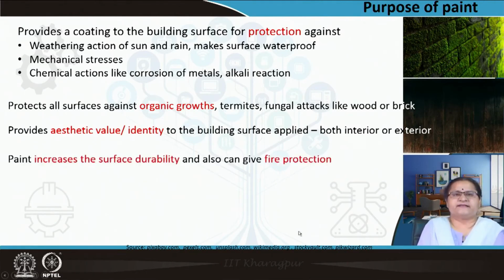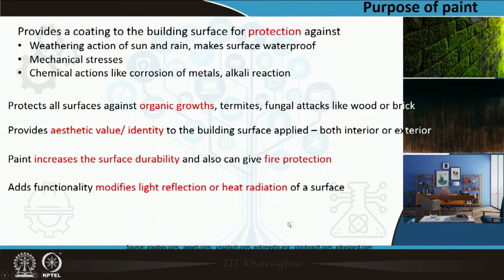Now, paint increases the surface durability and also can give fire protection. Fire protection mostly I refer to when it is metal surfaces. It is also giving fire protection for building facades. So, we can impart such characteristics to paints so that you get fire protection. It adds functionality.